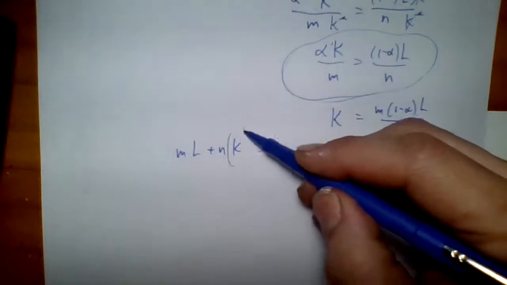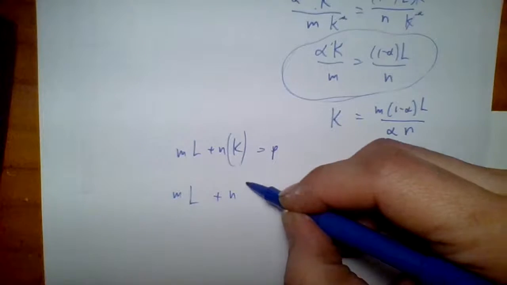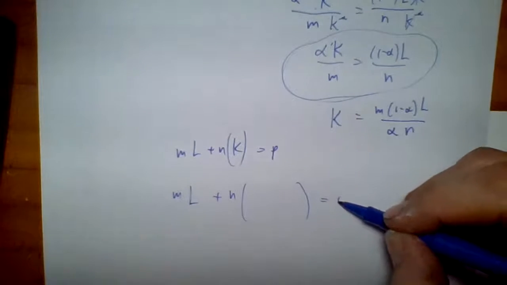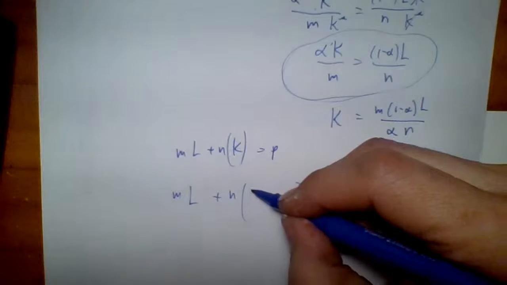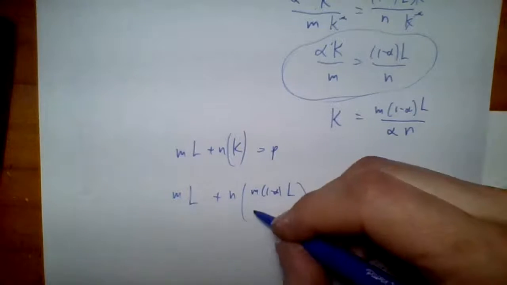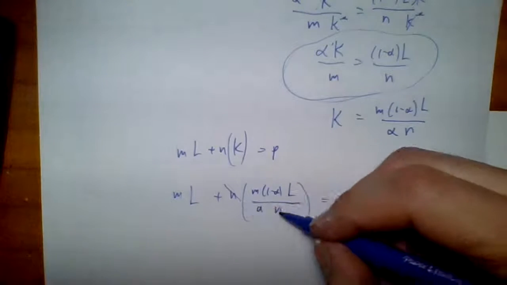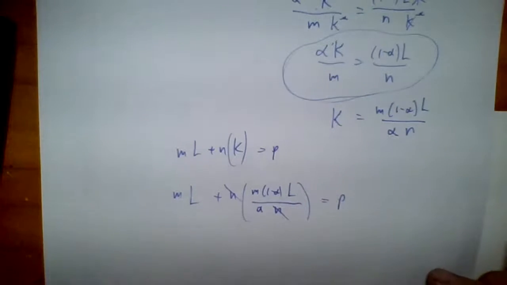So I'm going to replace K with that whole expression. So ML plus N times that whole thing equals little p. And that's M, 1 minus alpha, L over alpha N equals p. So the N part comes out. That's nice. And I have an equation with just a bunch of constants now and L that I can sort of factor out on this.